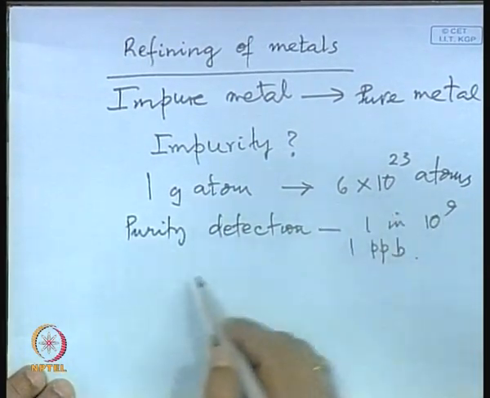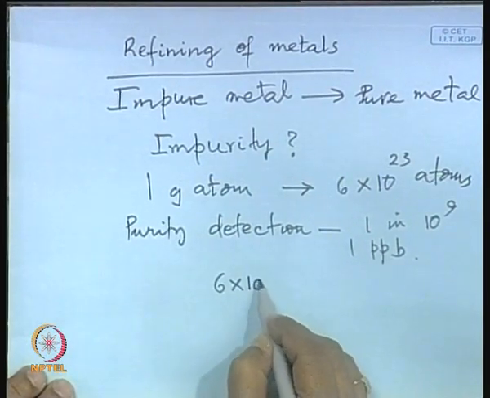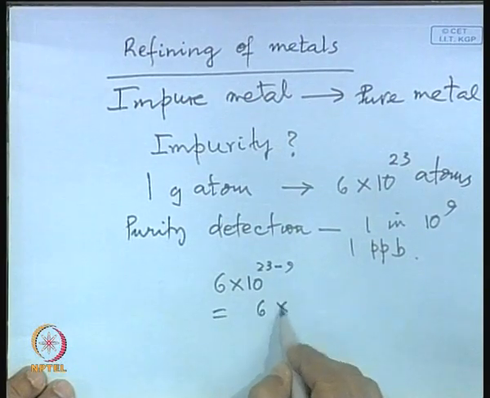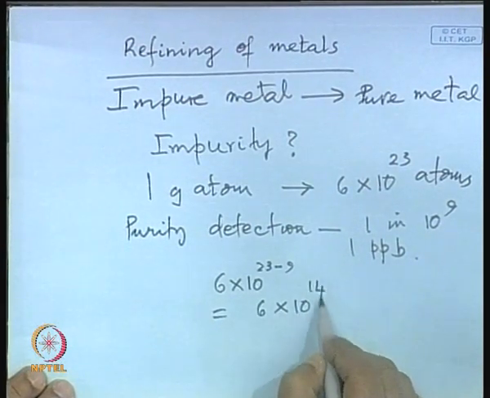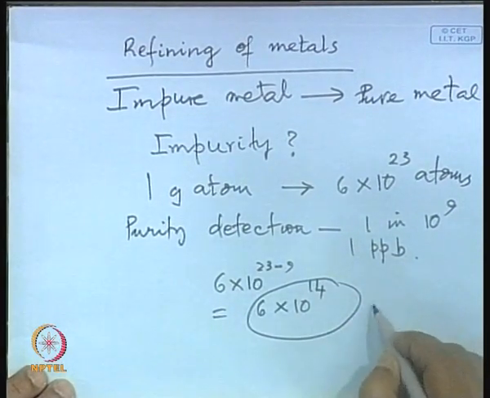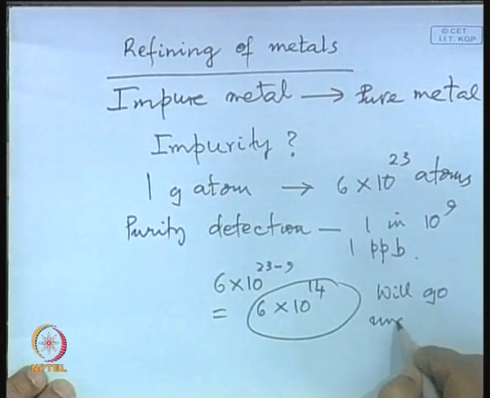Now, that implies that 6 into 10 to the power 23 minus 9, that is 6 into 10 to the power 14, so many atoms in a gram atom will go undetected.